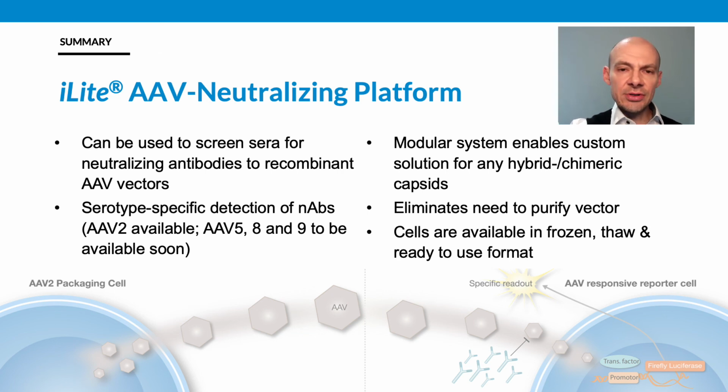It allows for a serotype-specific detection of neutralizing antibodies. AAV2 is available. AAV5, 8, and 9 will be available soon, so we are planning to complete the portfolio of standard serotypes in the future. In addition, its modular system allows for custom solutions adapting to sophisticated hybrid or chimeric capsids or synthetic capsids.